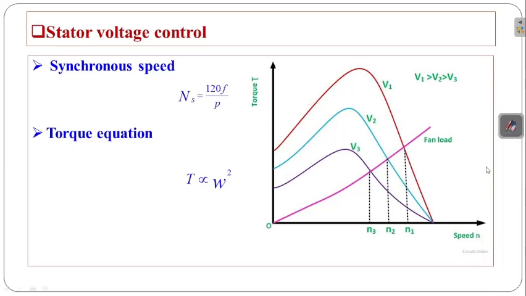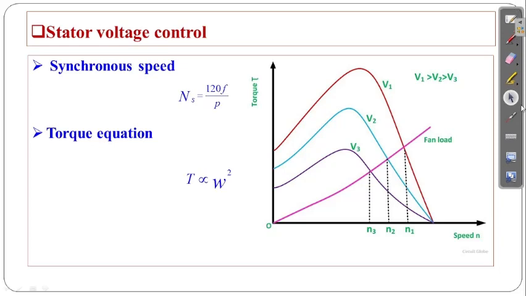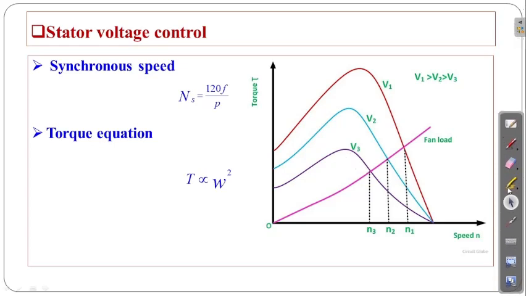Here it's torque and speed. With voltage versus speed, the torque is slightly increased with the speed, and then for a particular time it will decrease.